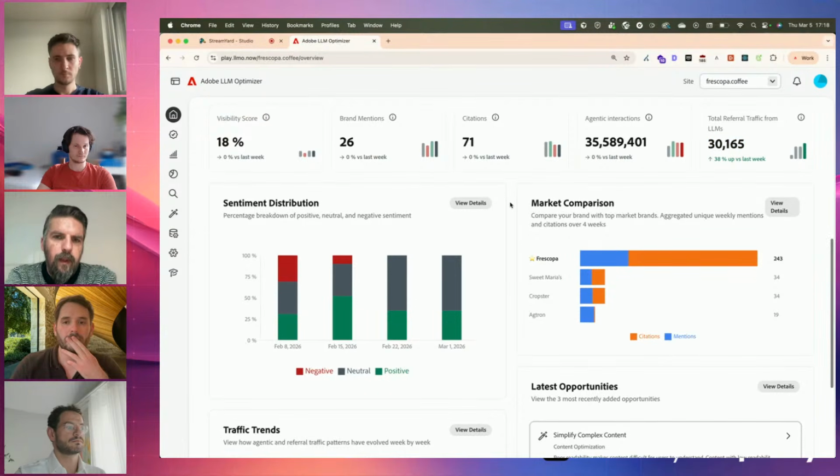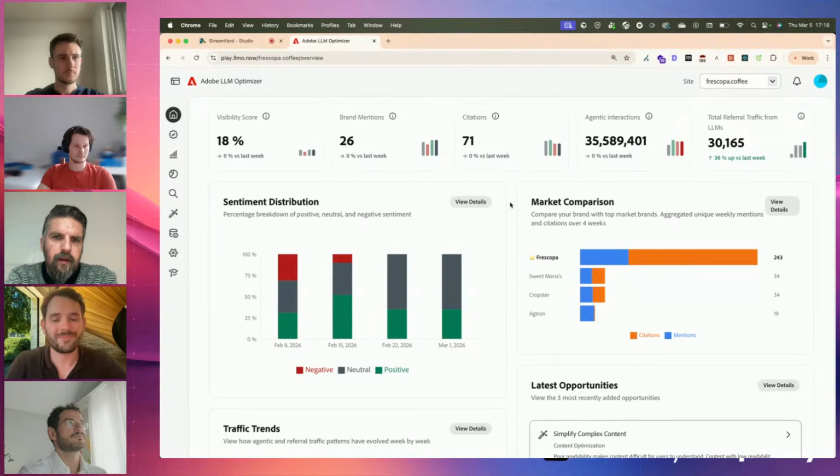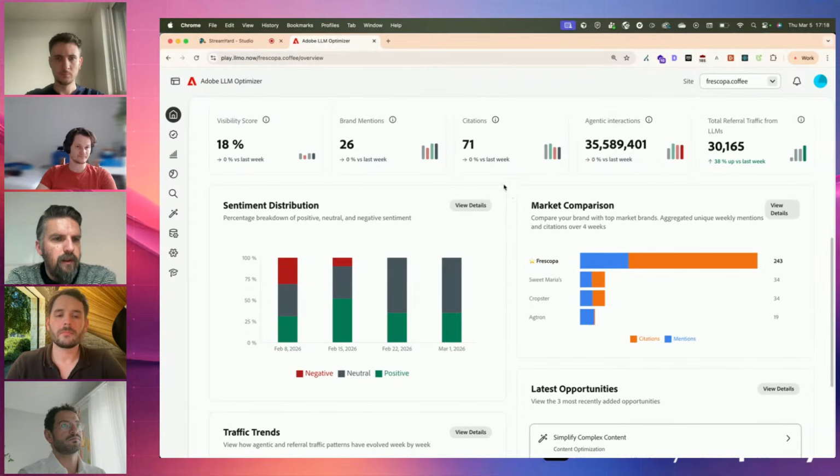So what I'm thinking is that the last two numbers are basically what we observe based on your web traffic, right? We see how often bots hit your site, and we see how often that leads to visitors. So the brand mentions and the citations, are these synthetic numbers?